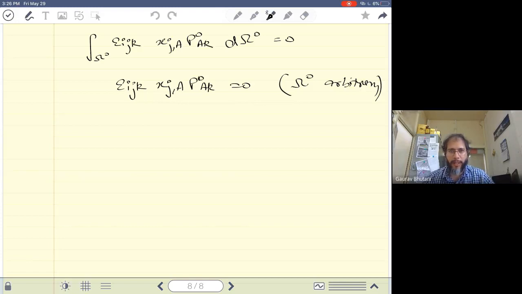Earlier we did not have this term xj comma a. In fact, since we were dealing with the areas also defined in the Euclidean coordinate system, we had xj comma a. So this is similar but not the same.